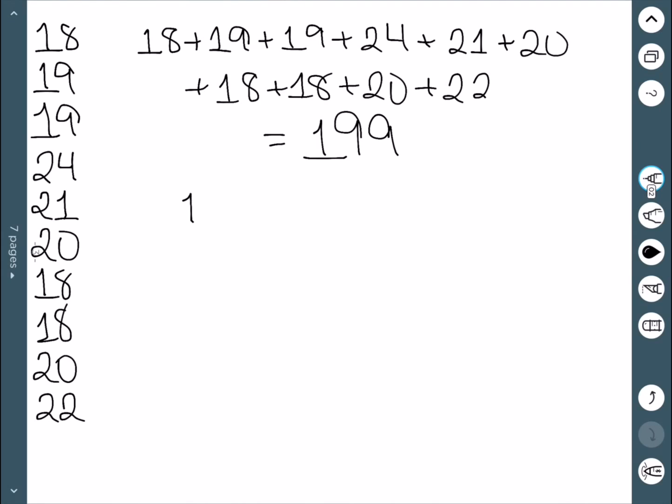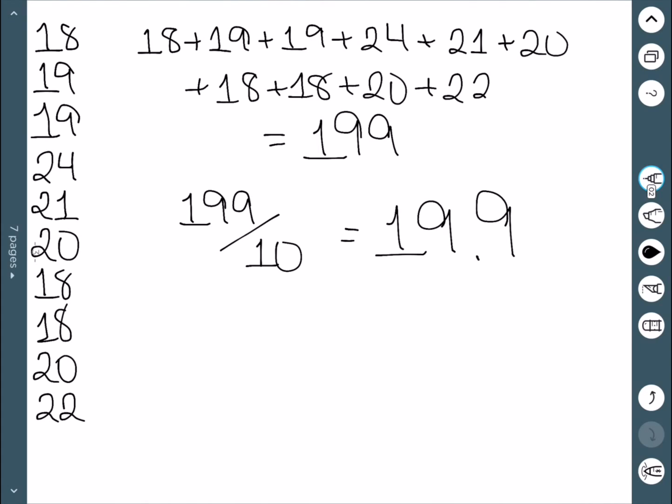After that, we need to divide by the number of students we have. And if you count these up, there are 10 data values. Therefore, my mean is 19.9. In general, whenever we are finding the mean and calculating these statistics, we round to one more decimal place than the numbers have. Here, our numbers don't have any decimal place, so in our mean calculations, we leave one decimal.